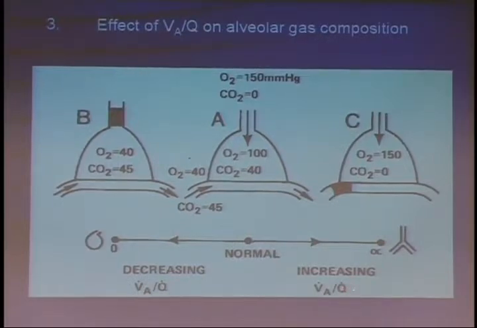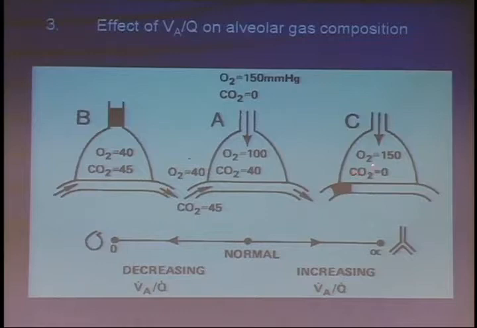So we've got 0 in the denominator. So as the denominator approaches 0, the ratio approaches infinity. But again, it's much simpler to think of it as, okay, if that's the case, then let's have airflow going on, so I've got a real number in the numerator, but we block the blood flow and the ratio approaches infinity. Well, what happens in that case?